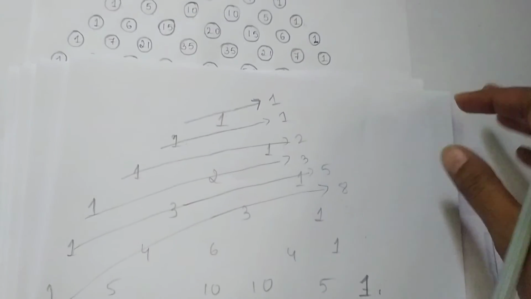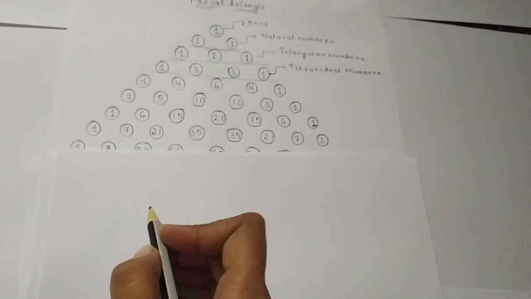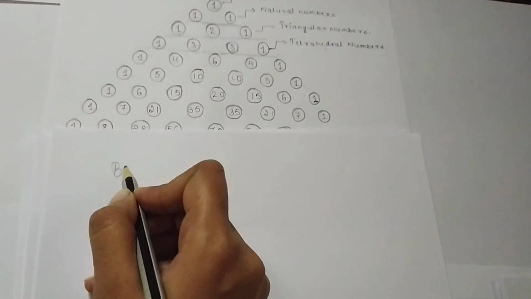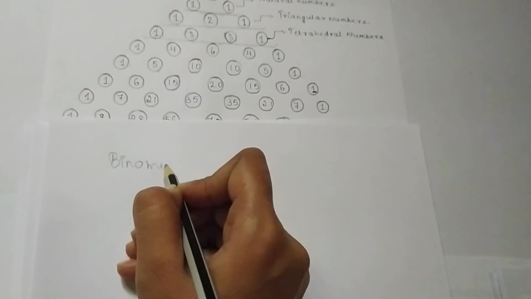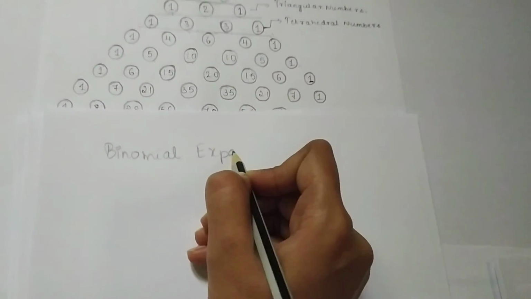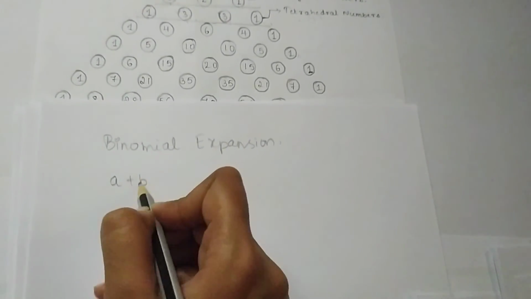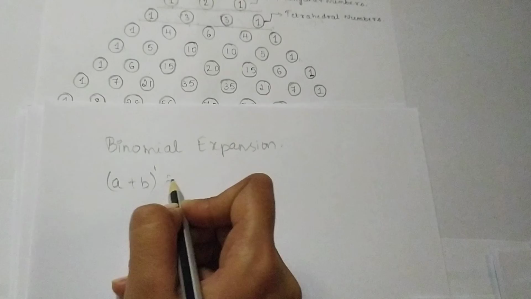Next, this Pascal triangle also deals with the binomial expansion. Let's learn about the binomial expansion. Take (a plus b) whole to the power of 1.